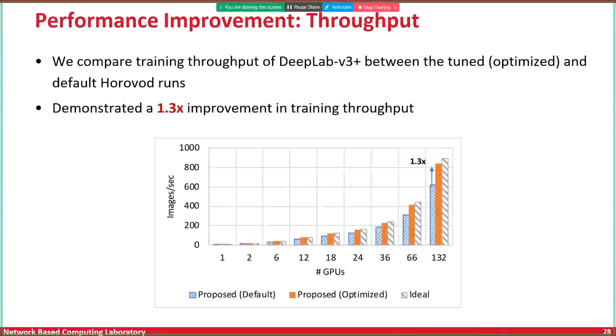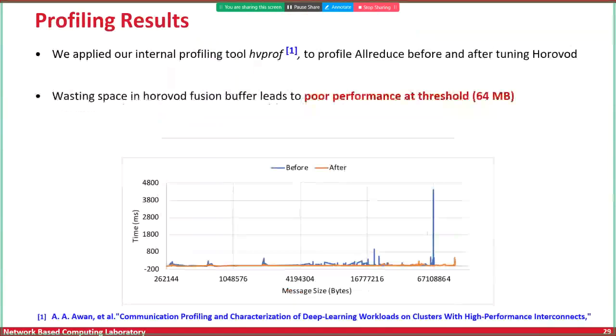So in order to understand why this improvement is happening, we profiled the tuned and default Horovod training runs. We applied our internal profiling tool, HVProf, to profile allreduce before and after tuning Horovod. We can see that most of the update tensors are pushing up against the default Horovod threshold boundary, which is about 64 megabytes for the default training runs.